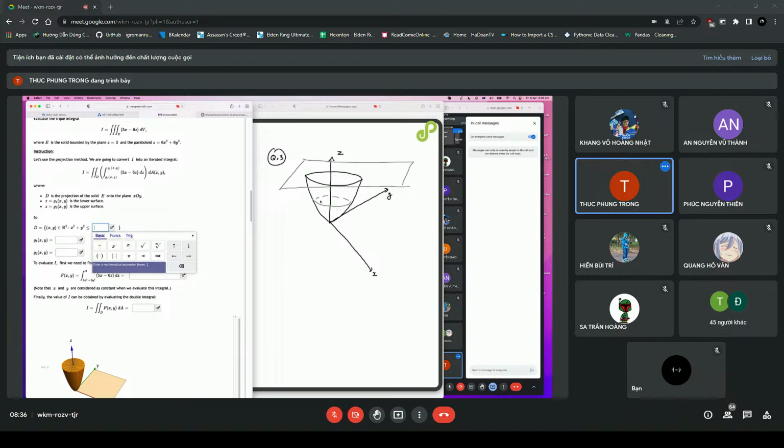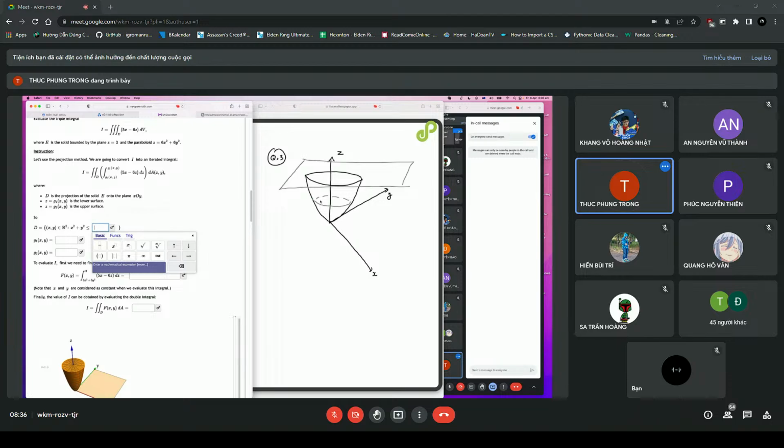Maybe it's not a good picture, but you can get the idea. So this is D, and we can easily find D.